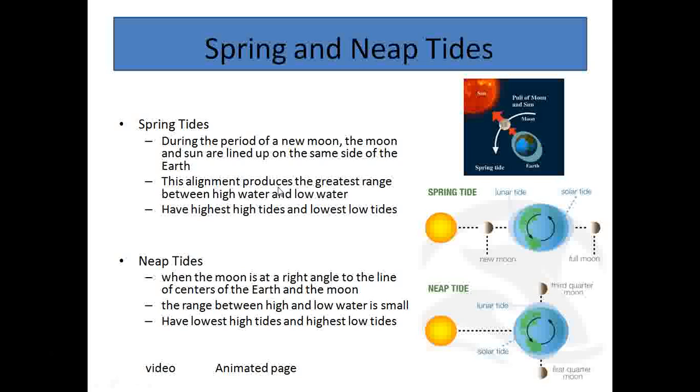Spring and neap tides. So spring tides are basically when we have our highest high tides and lowest low tides. It doesn't necessarily mean it's just happening in the spring. They're called that, and they actually happen during new moons and full moons. Because during the new moon or the full moon, the moon is directly in line with the sun and the Earth.